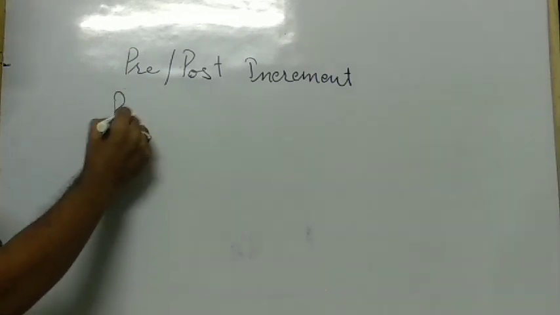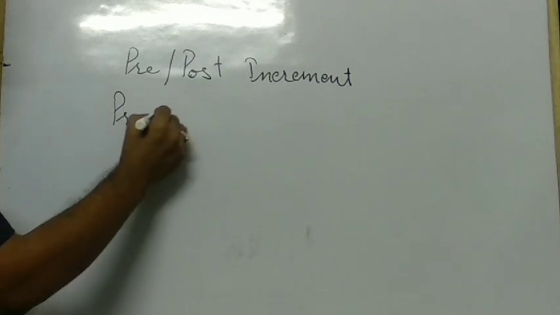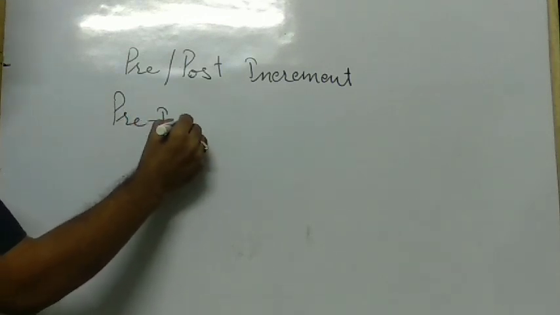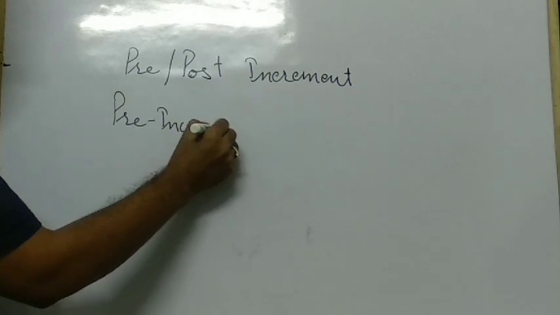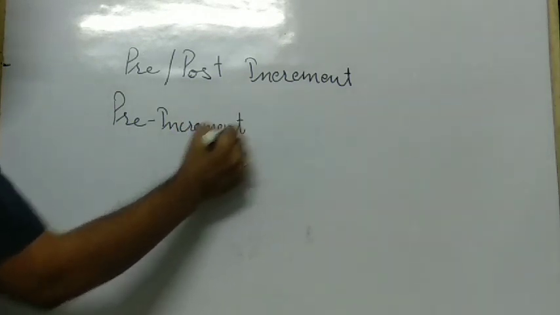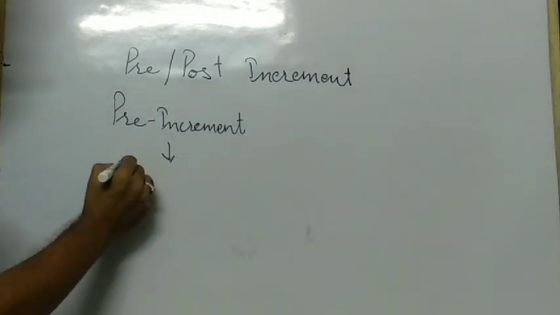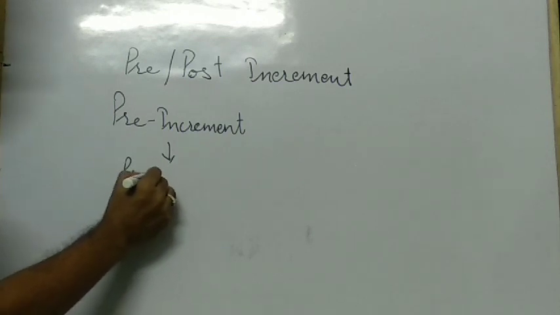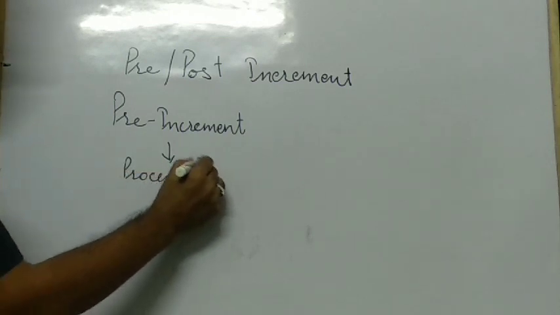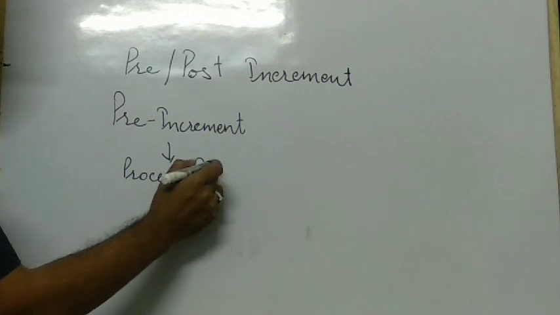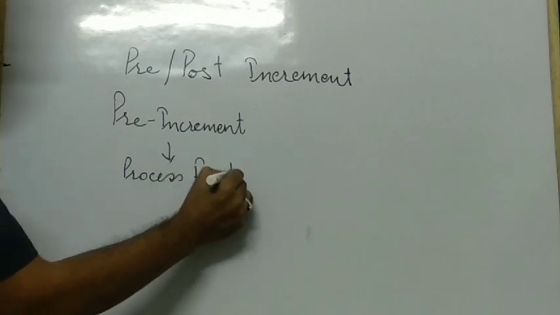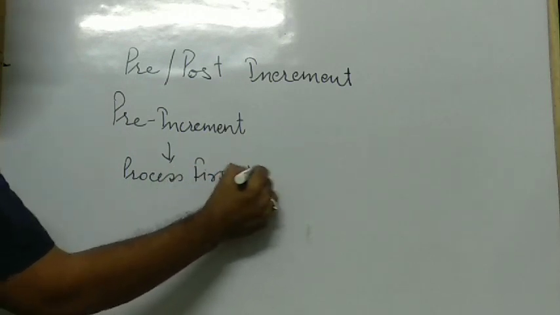To simplify it, we can read it like this. In pre-increment, process first, then read.